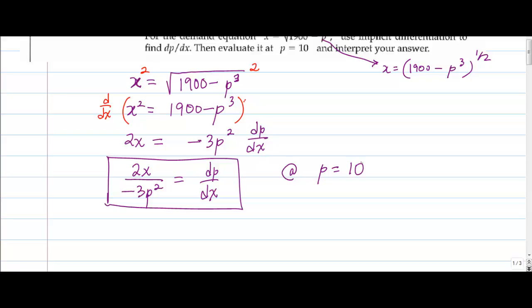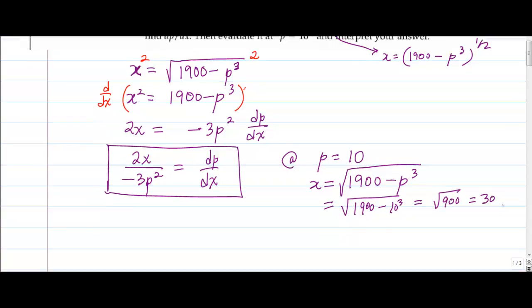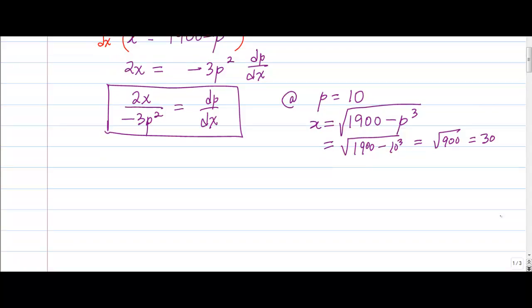Well, I do, because I know x is equal to the square root of 1900 minus p cubed. So that's the square root of 1900 minus 10 cubed, which is 1000, so that'll be square root of 900, and that is 30. So when p is 10, x is 30.